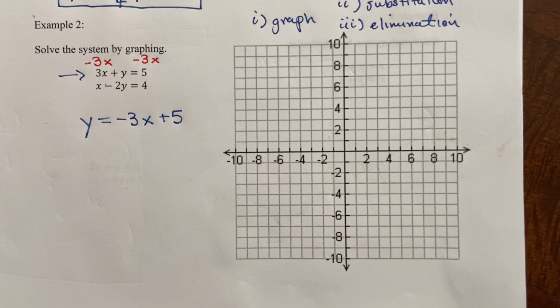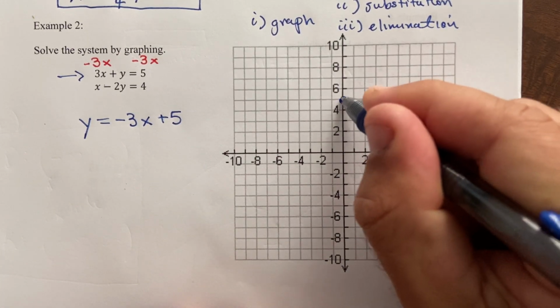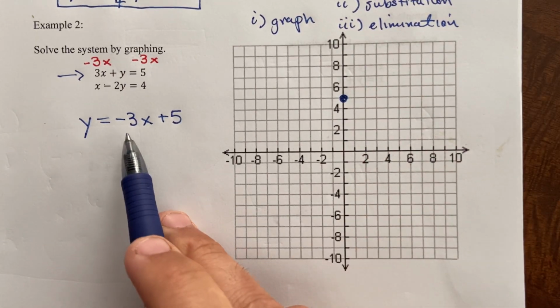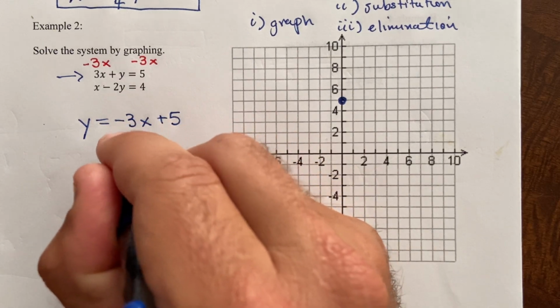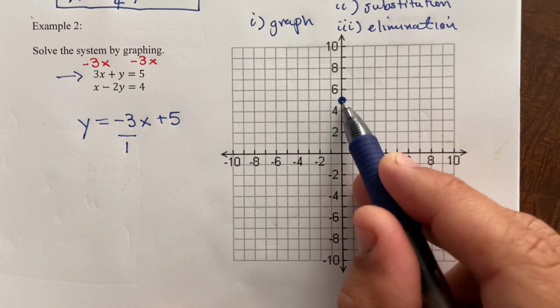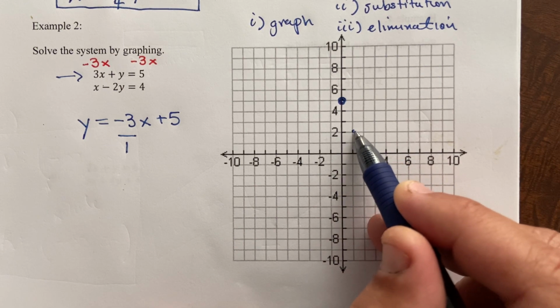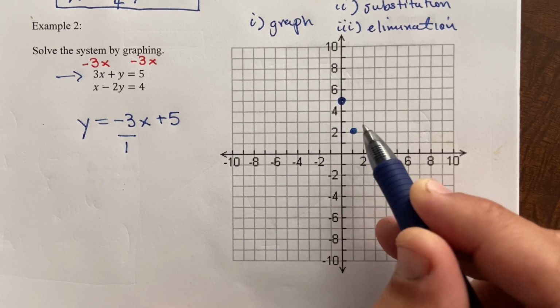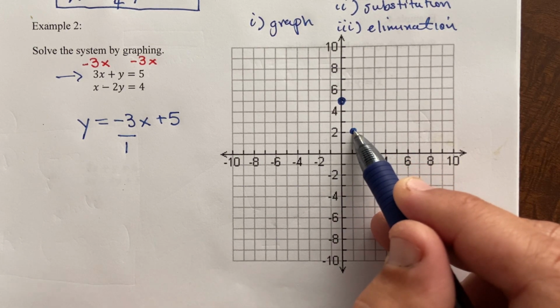With it in that form, I can find the y-intercept right here at 5. And then I can use the slope of negative 3, which is equivalent to negative 3 over 1. In other words, our rise is actually a fall of 3, and our run is a run of 1. So that was from 5, 1, 2, 3, and then over 1.